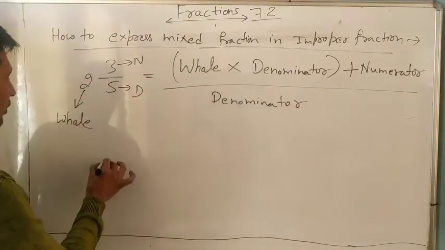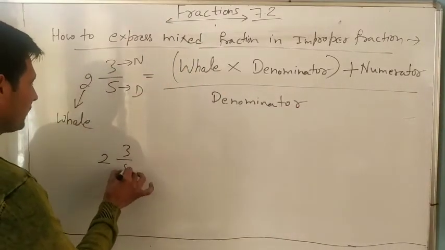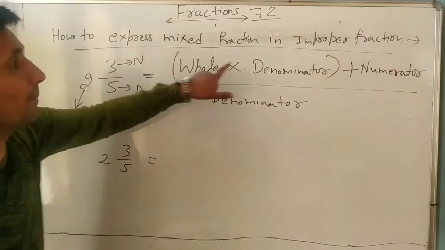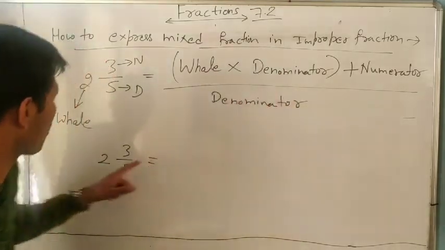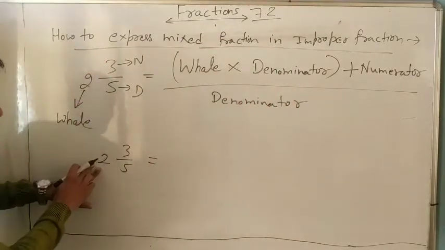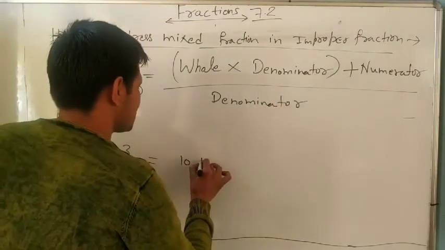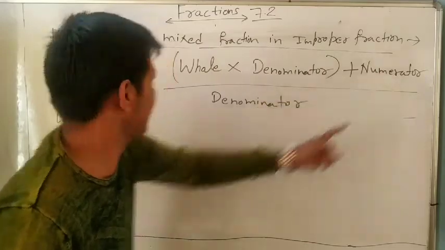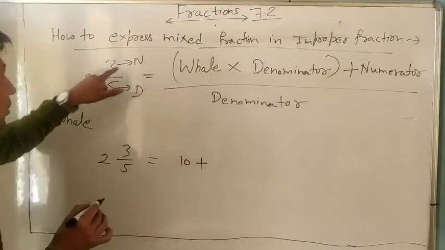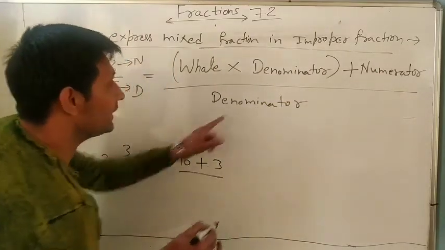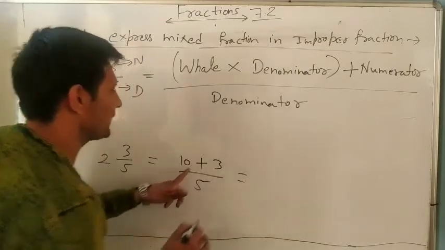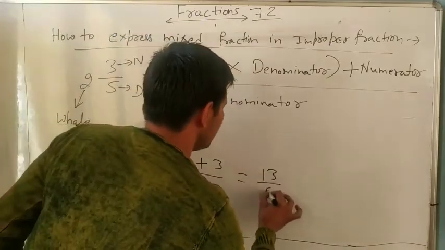Now look at how to represent 2 and 3/5. What we will do? Whole multiply denominator. So whole 2 is whole. 2 into 5, 10, plus numerator 3. Yes, numerator is 3. Divide by denominator 5. So 10 plus 3, 13 divided by 5.